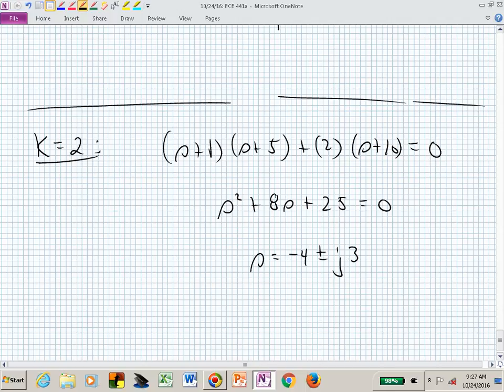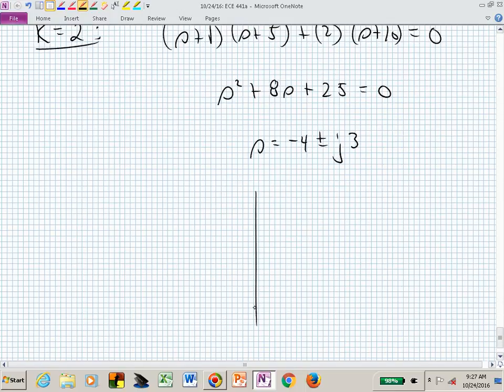And now we're at minus 4 plus and minus j3, which in the complex plane, again, we moved from k equal 1/2, giving us minus 2.5 to minus 4, then k equal 1, giving us minus 3.5 plus minus j1.6. Now we're at k equal 2, and we're up to minus 4 plus and minus j3.